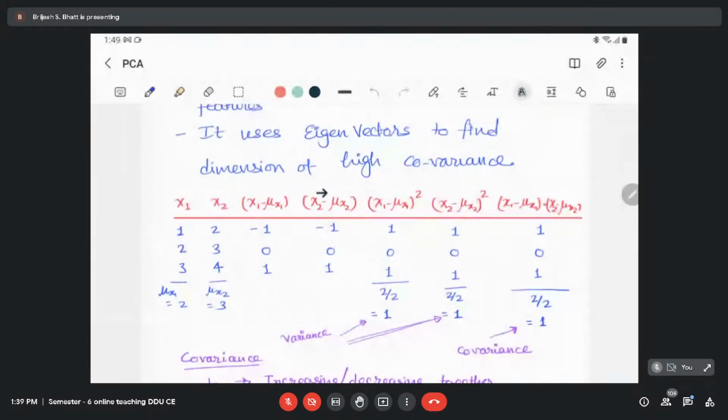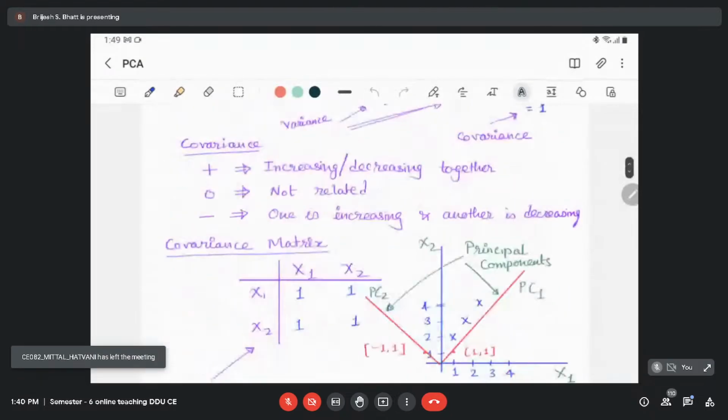We calculate x1 minus mu x1, x2 minus mu x2, and x1 minus mu x1 square, x2 minus mu x2 square. These two square columns will give us variance, which is square of standard deviation. So this is variance, which will go in diagonal of the covariance matrix.